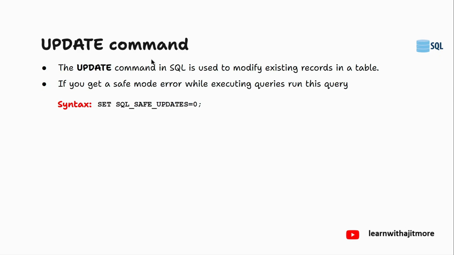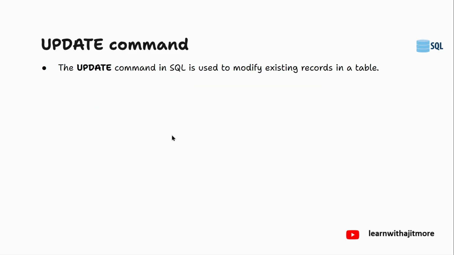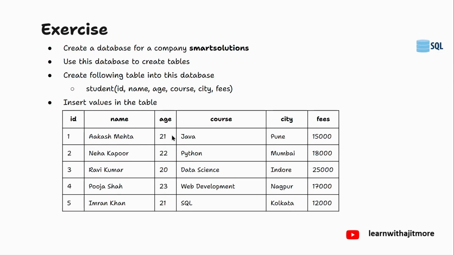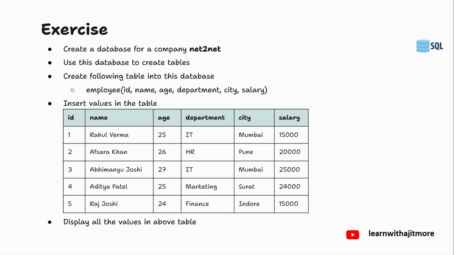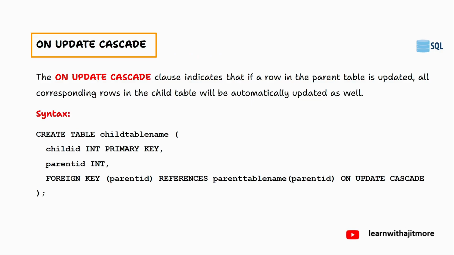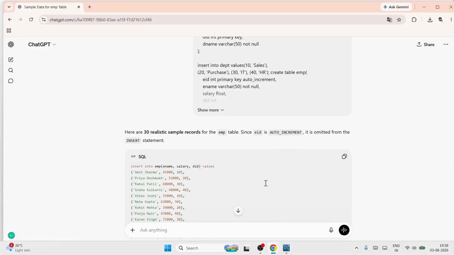SQL_SAFE_UPDATES equal to 0. That flag is 1 by default, understanding guys, and that is the reason that in safe mode it doesn't allow you to directly do update operation.